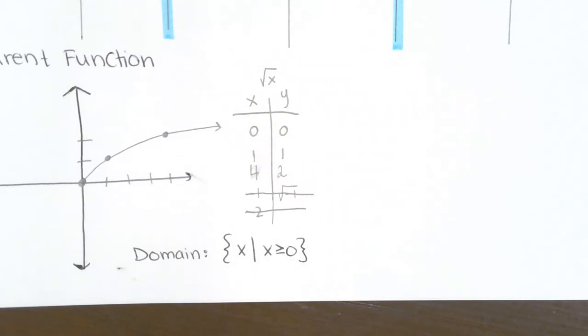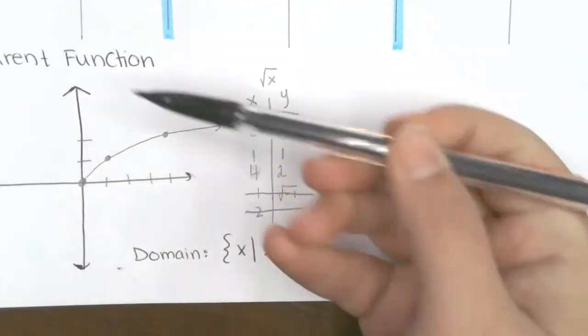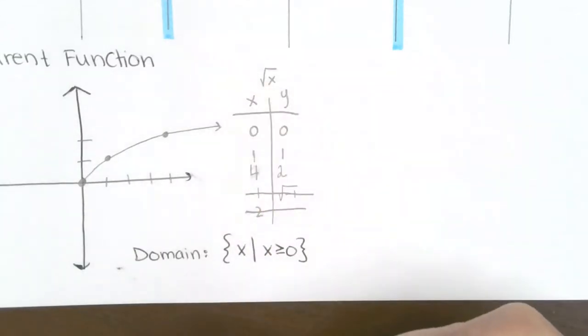Now, there could be in our transformation a reflection across the x-axis. There could be a reflection across the y-axis. So this half curve could be going to the right, could be going towards the left, could be flipped over the x-axis, going to the right, to the left. So all of that could happen, but this right here is your parent function.